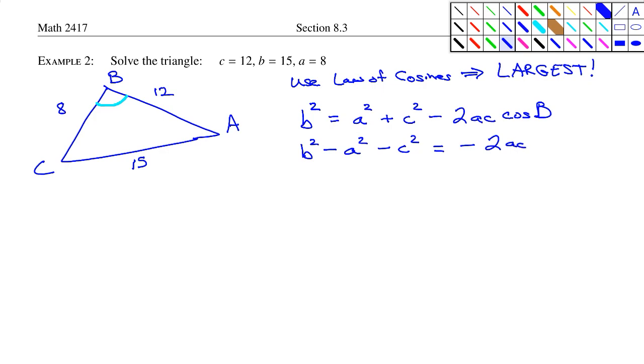The right side is now negative 2AC times the cosine of B. Then I'll divide by negative 2AC.